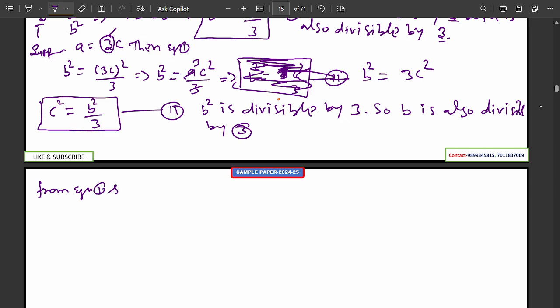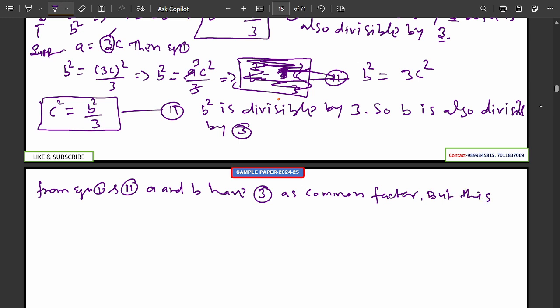from equations 1 and 2 we can write that a and b have 3 as a common factor, but this contradicts the fact that a and b are co-prime.